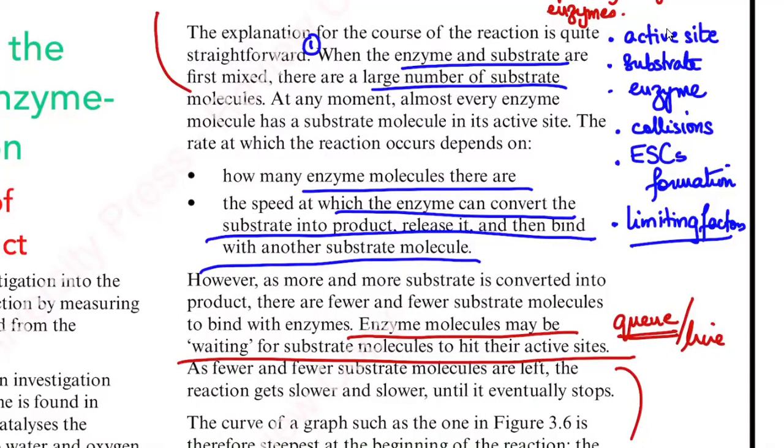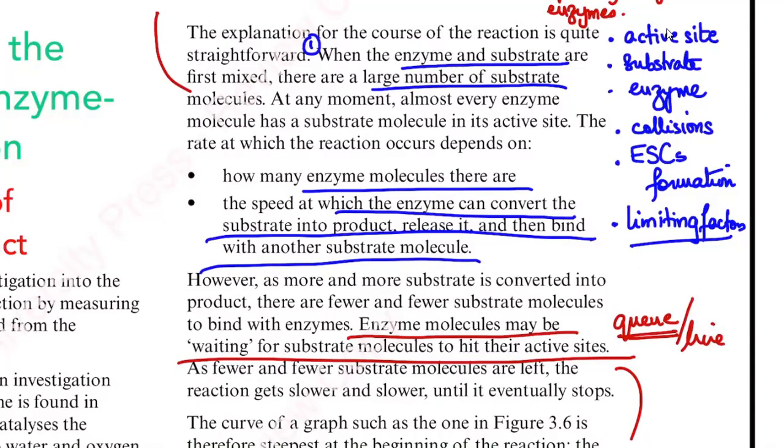But then as the concentration of the substrate decreases, because they are being converted into products, the enzyme activity also decreases, so the rate of reaction will be lower. And then when there are no substrate molecules left, the reaction completely stops because everything has been converted into the product. Correct. Yes, Alia. Sorry, Amna.